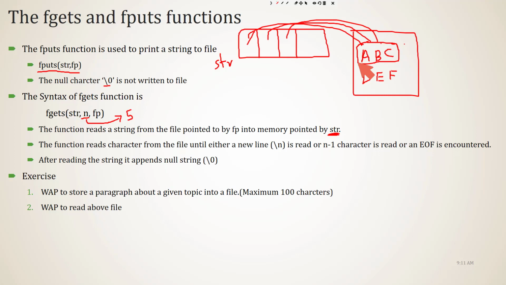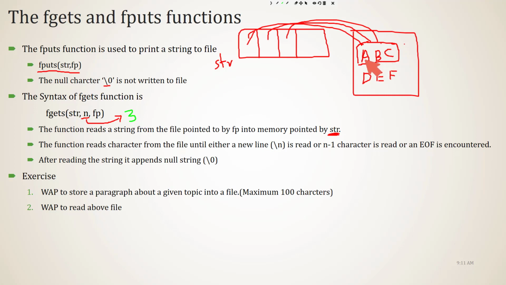Okay. Next case. I am giving some 3. The function reads characters from the file until either a new line is read or n-1 characters are read. n is 3, 3 minus 1 is 2.